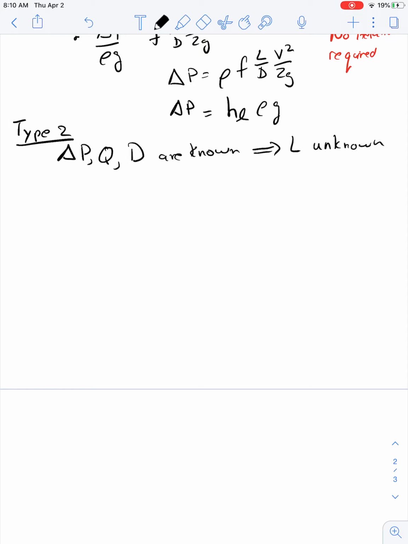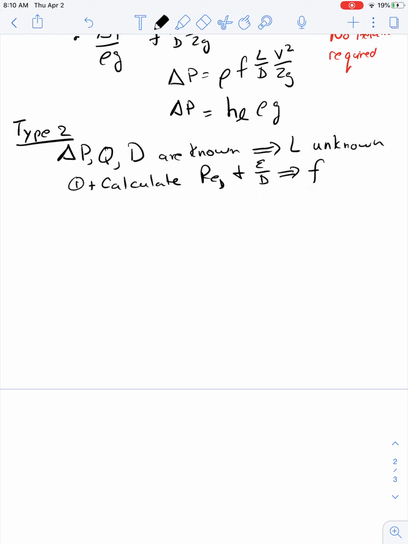In this case, what we're going to do is we'll start by calculating. So we know Q and D, so step one, calculate, as you can imagine, the Reynolds number based on the diameter. And as before, we have the relative roughness.